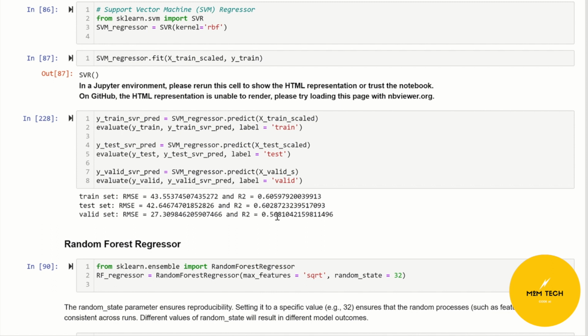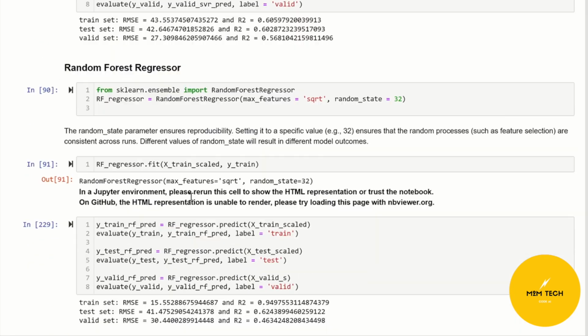However, given that it is showing the same performance across train, test, and validation data sets, it is okay.